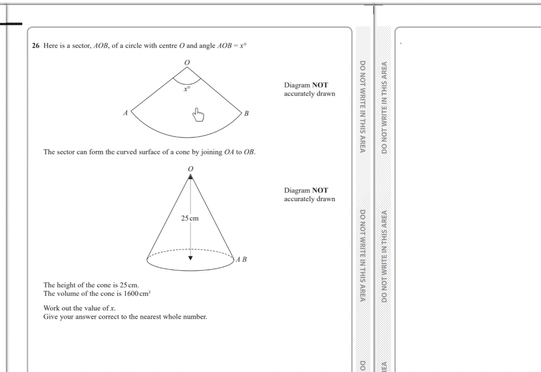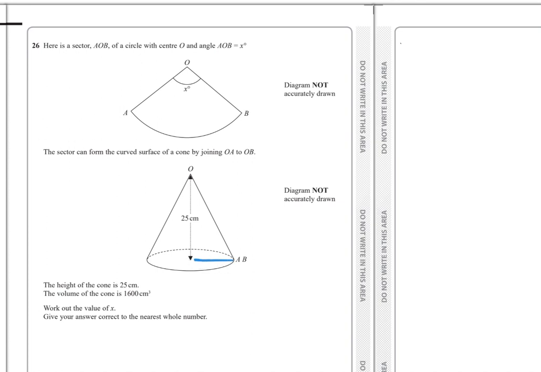If we have a sector and we convert this sector into a cone, the radius of the sector equals the slant height of the cone, and the circumference of the base of the cone equals the length of the arc of the sector. So now from the volume and height we can find the radius of the cone.